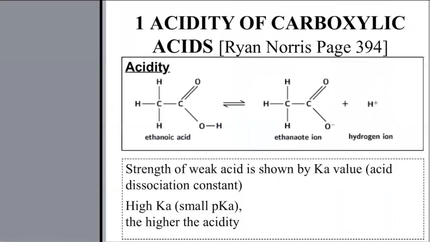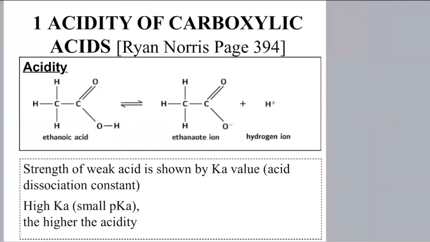So the strength of the weak acid is shown by the Ka value. Ka is the acid dissociation constant. If you remember Ka from topic 7, you have your products, which is CH3COO minus ions and your H plus ions, over your acid CH3COOH.